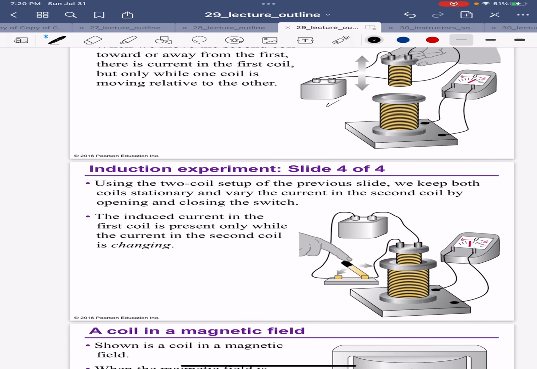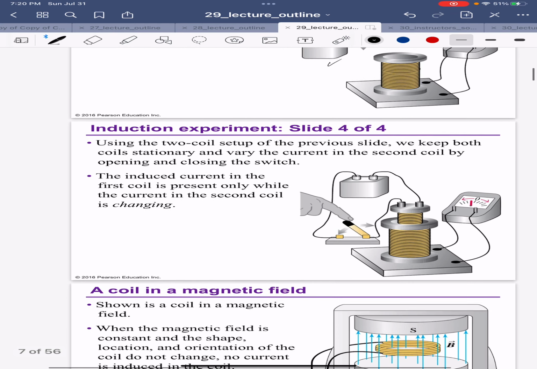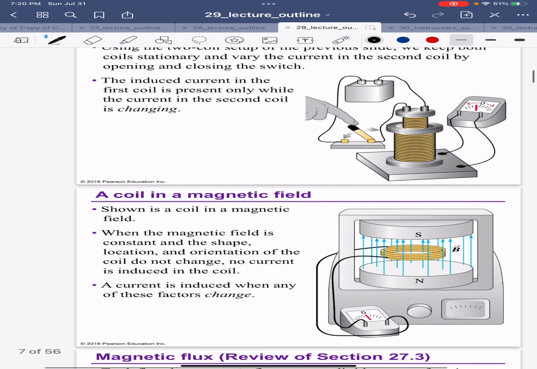Also here, another experiment: we have a switch, you can see here, and then we have two coil setups from the previous, and we keep the coils stationary, but we are going to open or close the switch. Then we will have the induced current occurring again because the current in the second coil is changing.